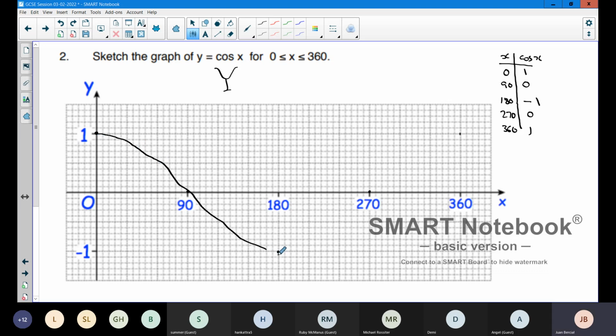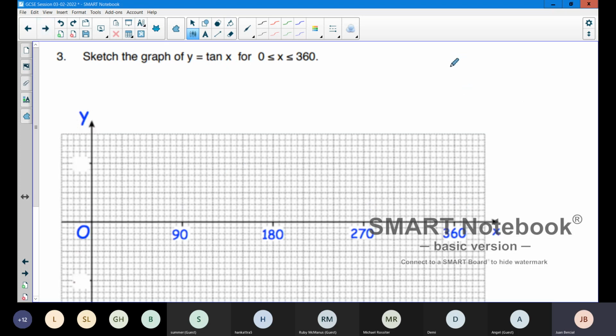Remember that obviously the sine and the cosine keep going on. They've told me to only put it between 0 and 360. I just use this mnemonic rule that the cosine is like a cup. You may find that helpful to remember.